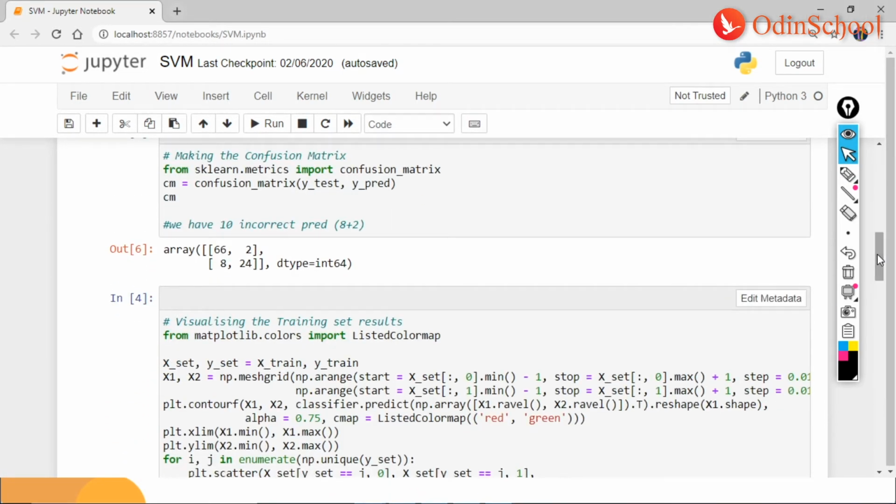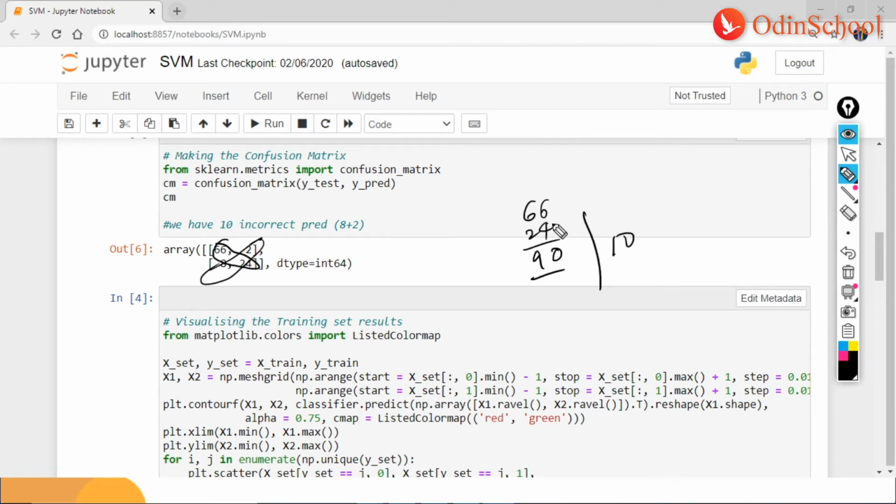Now going to the next step here, we are using a confusion matrix, and we know that 66 plus 24 divided by whatever is the total would give us the value. So what is 66 and 24? It is 90, and this 8 plus 2 is 10. So 10 and 90.